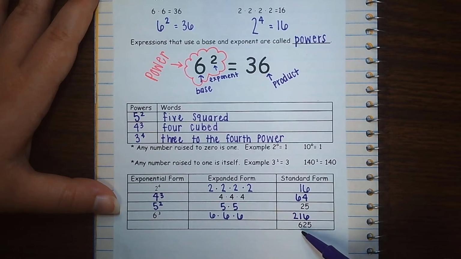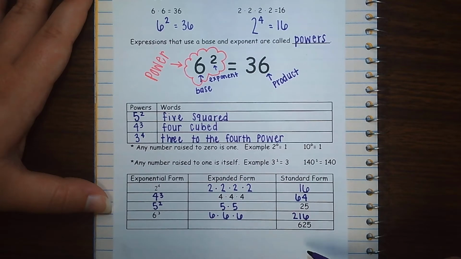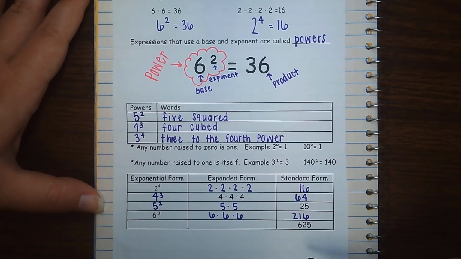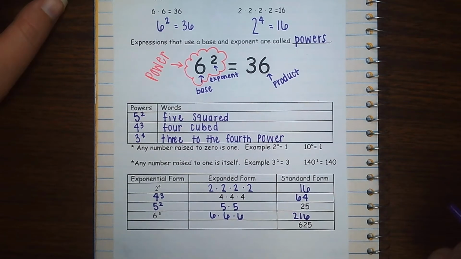Last one, we have 625. This one is a tough one. Okay, there could be a couple different answers for this one. If I start out, I know that it ends in a 5, so I want to think about my 5s.